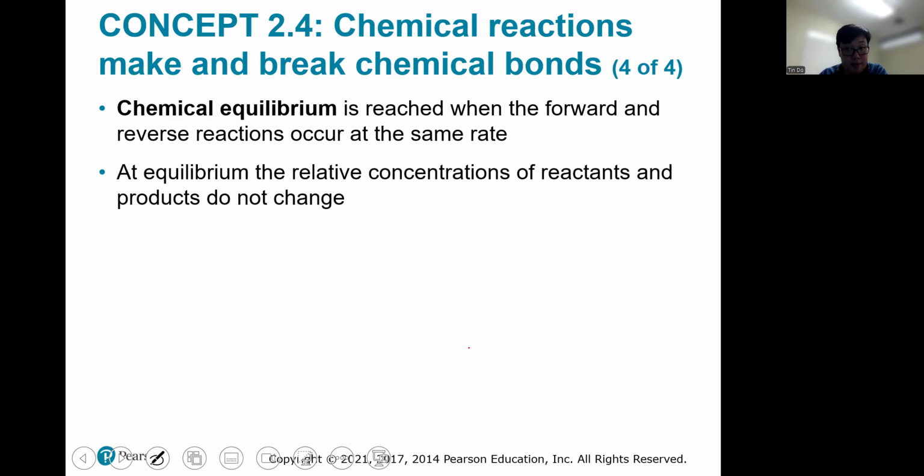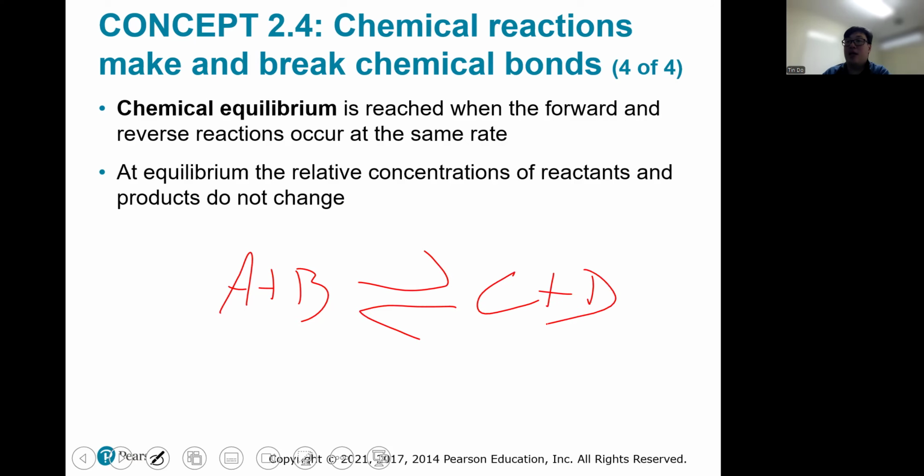Now, equilibrium, okay, is not, and I really, really repeat this, is not I can go one way or the other way, right? When we write A plus B equalizes with C plus D, it's not like, oh, there's a forward reaction, A plus B goes to C plus D, or C plus D goes to A plus B. It's not that.